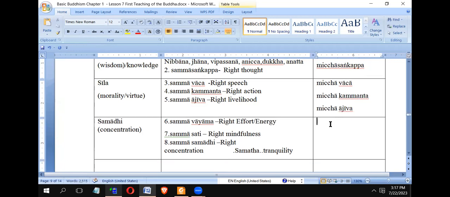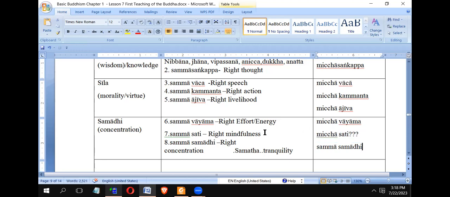Now we can also have wrong effort, Micha Vayama. Do you have Micha Sati? Yes or no? Some say yes, some say no. Some books, some of the venerables, say no. You cannot have Micha Sati because Sati is mindfulness.